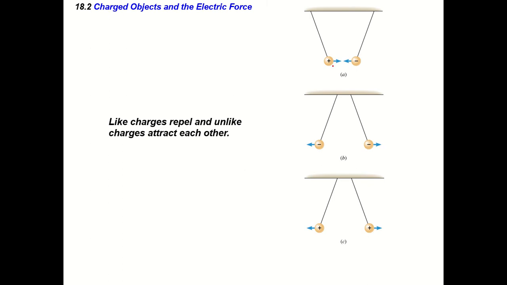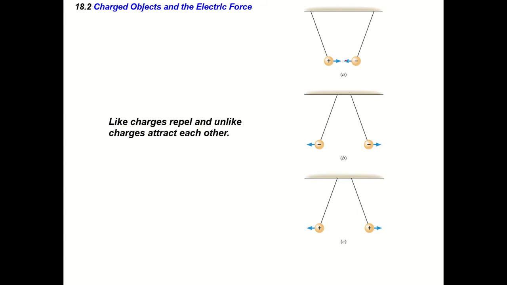So you see here the scenario when we have two opposite charges. If they are hung on the ceiling, you see that they will attract each other. So you can see the inclination of this cord. So they tend to touch each other.